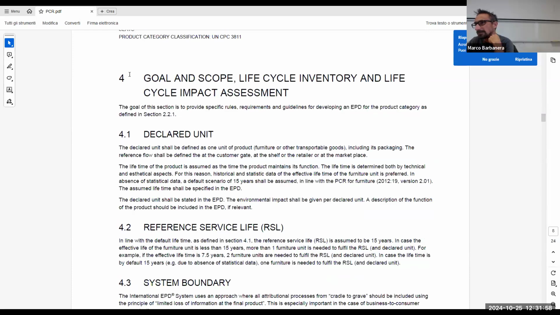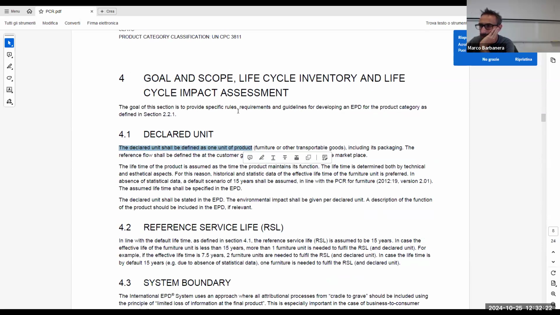In this section: goal, scope, life cycle inventory, life cycle impact assessment. For example, you can see the functional unit of the product. In this case, you can see that the declared unit should be defined as one unit of product.